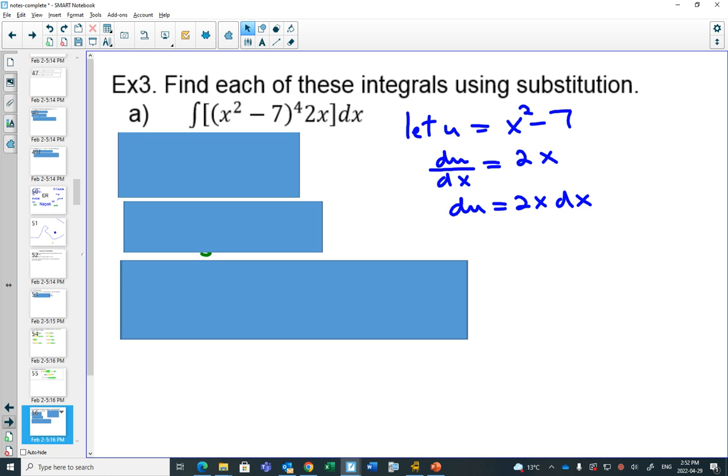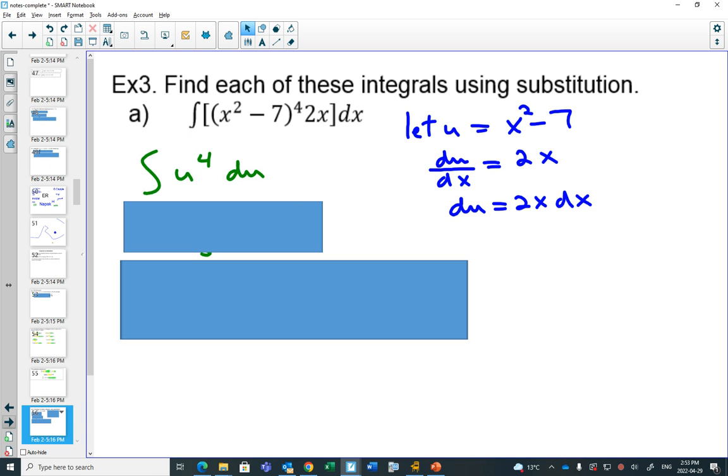And then du dx, the derivative, would be 2x. And if I move the dx to the other side, then du would equal 2x dx. And now when we substitute this information back into our original equation, things get really simplified.